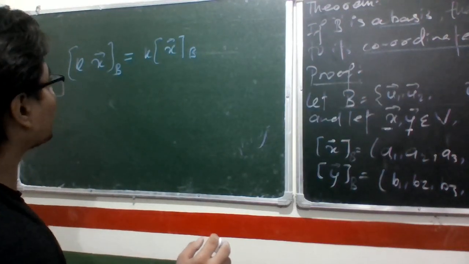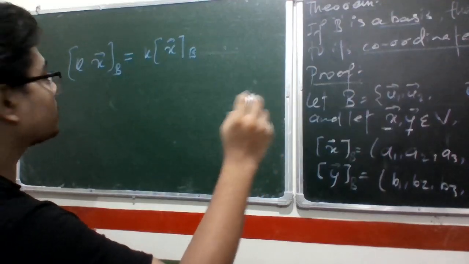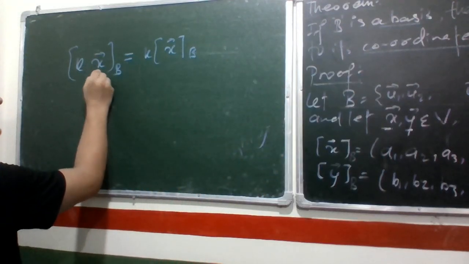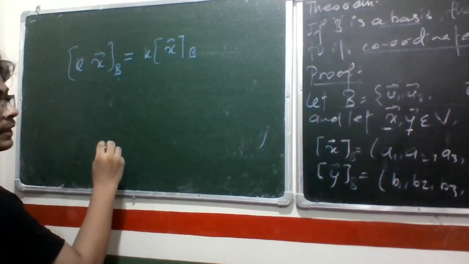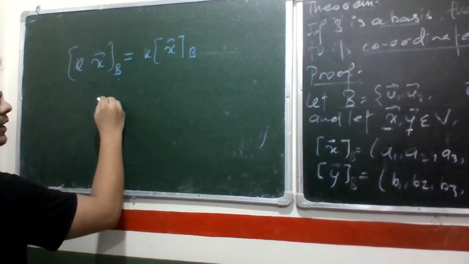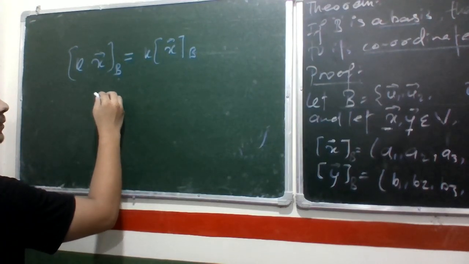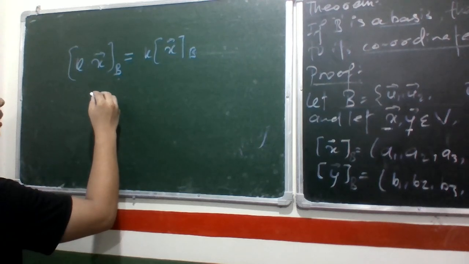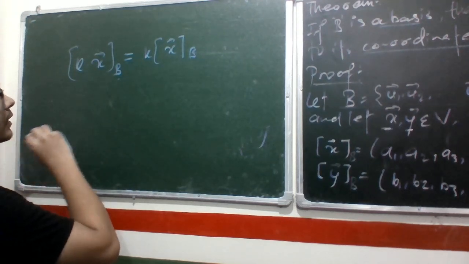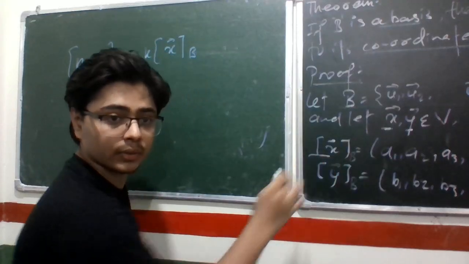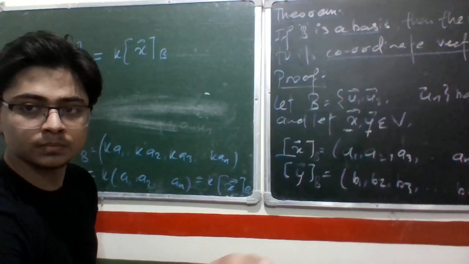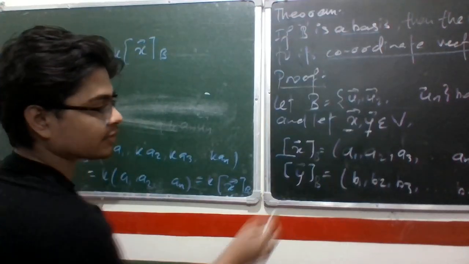So k times xb, what does it mean? Let's suppose we have this, so you can see that definition from here.